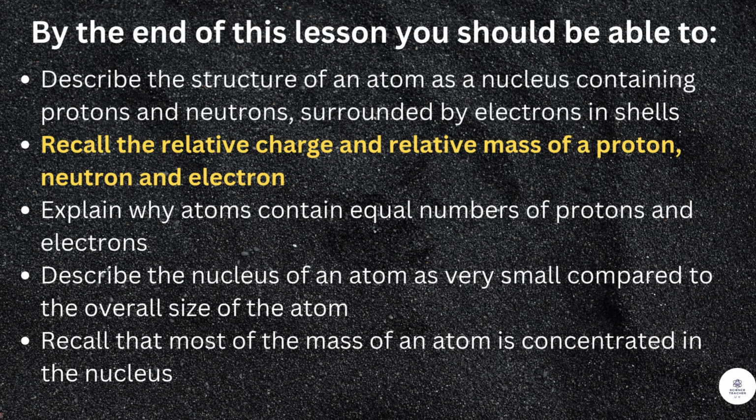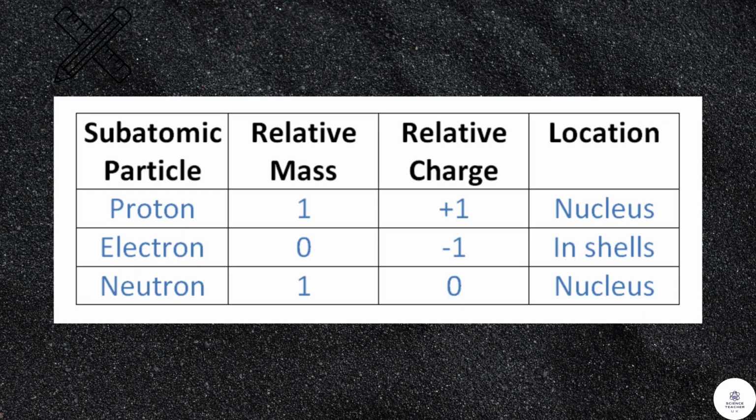Let's move on to the second. You need to be able to recall, that means remember, the relative charge and relative mass of a proton, neutron and electron. And by relative here, I mean how they compare with one another. So let's start with the relative mass.